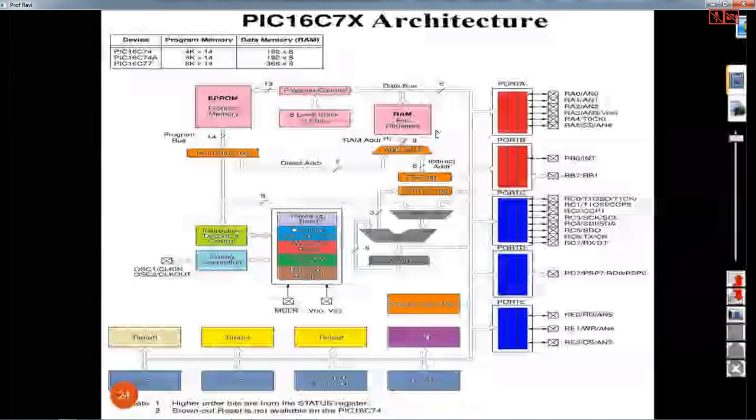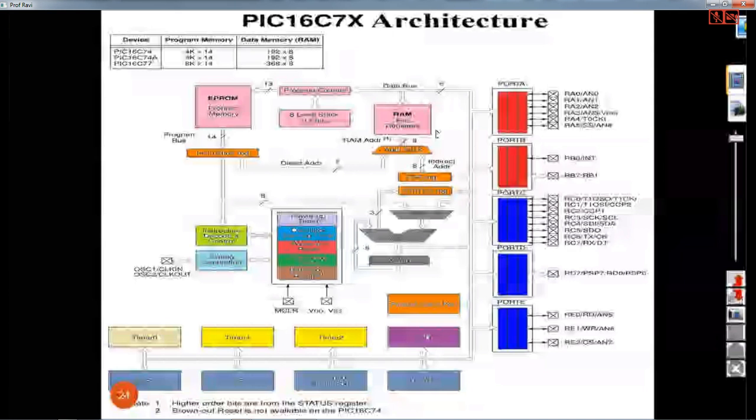And then we have the instruction register, and the instruction decoder decodes these instructions, and the ALU can execute them and take a decision. So here you have the ALU and flash program memory.